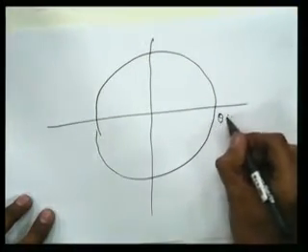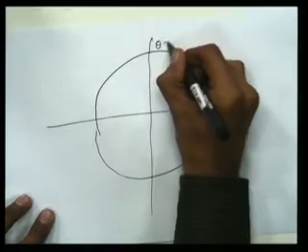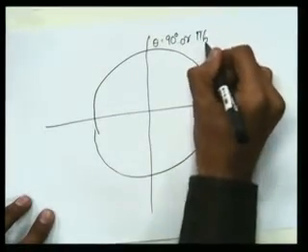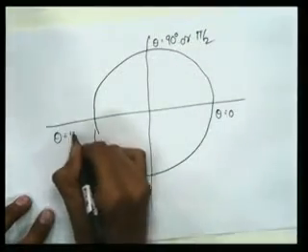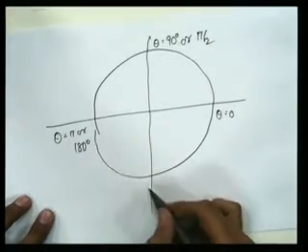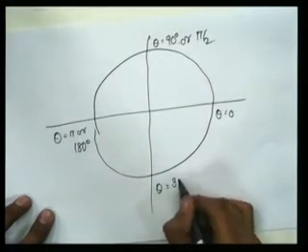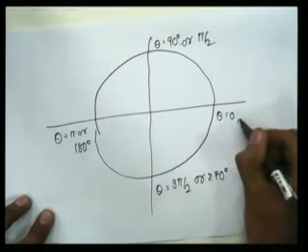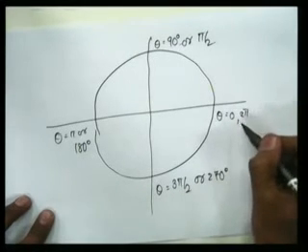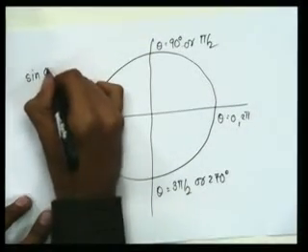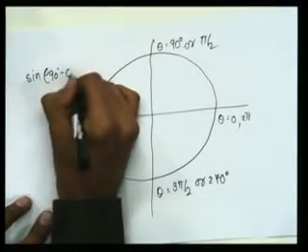Here the angle theta equal to 0, theta equal to 90 degrees or pi by 2, theta equal to pi or 180 degrees, theta equal to 3 pi by 2 or 270 degrees, and after one rotation it gives you 2 pi. Suppose I want to find the value of sine 90 minus theta.